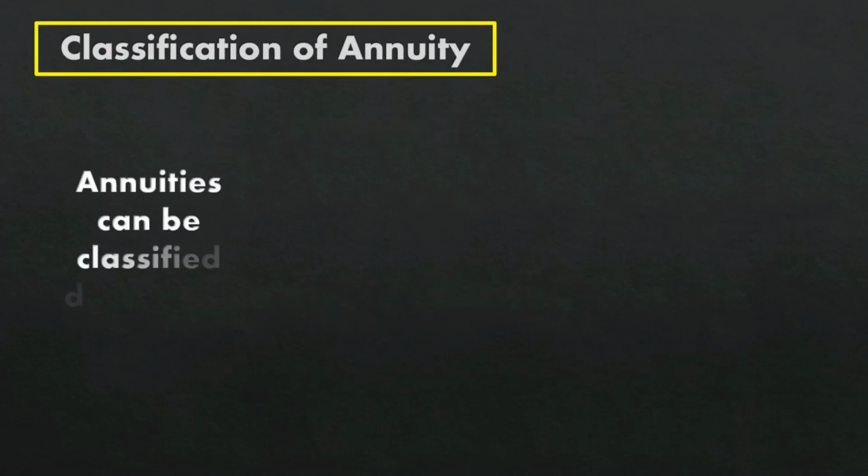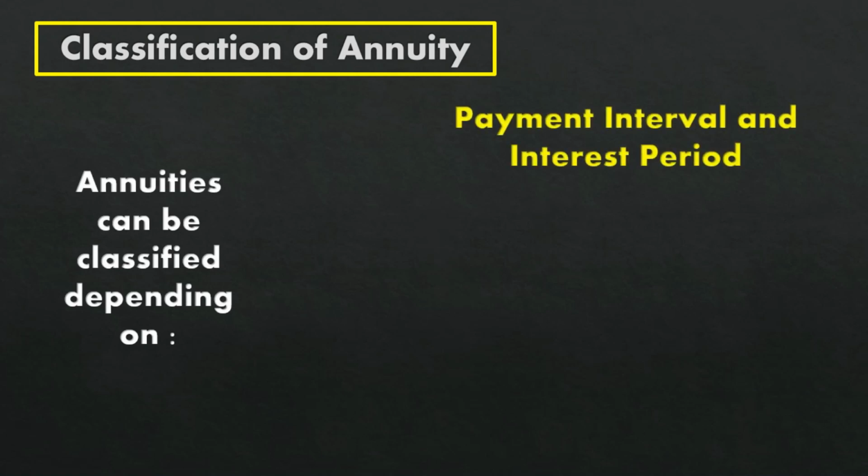Meron tayong tinatawag na classification of annuities depending on, una, payment interval and interest period. Pangalawa, according to time of payment. Pangatlo, according to the duration of payment, gaano katagal. Yung unang type, depende sa anong klaseng interval at interest period meron siya.